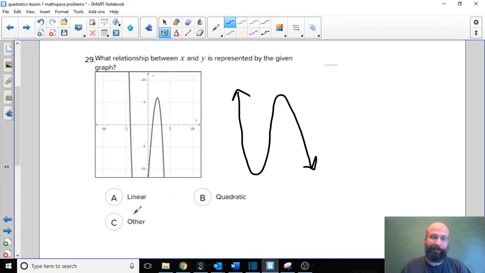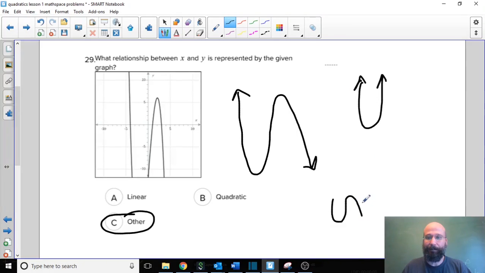This is an other, right? So this is not quadratic. Quadratic only goes like this. It never comes back down. If it comes back down, that's not a quadratic. All right.